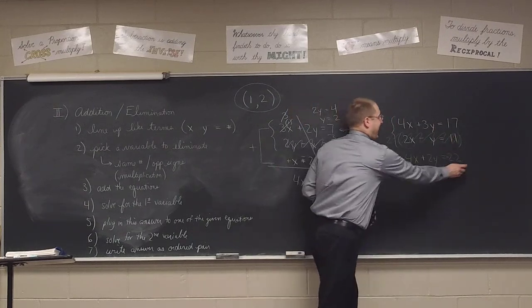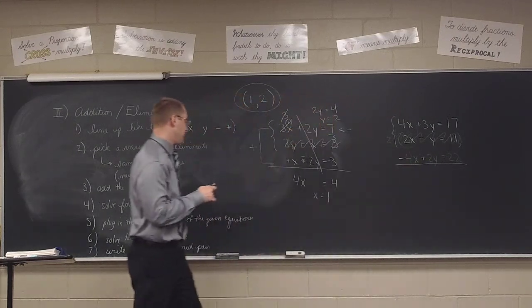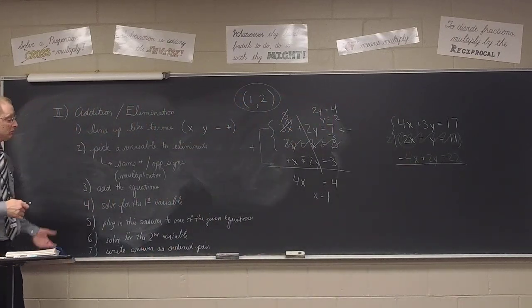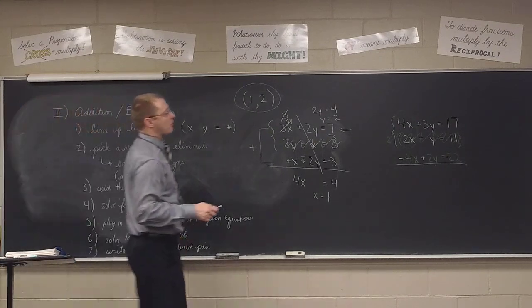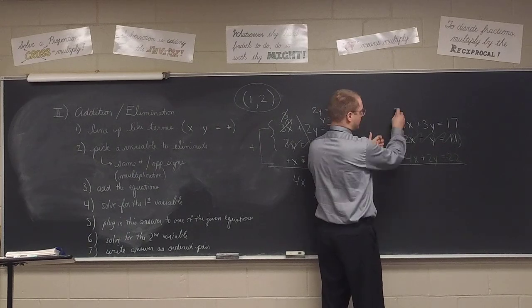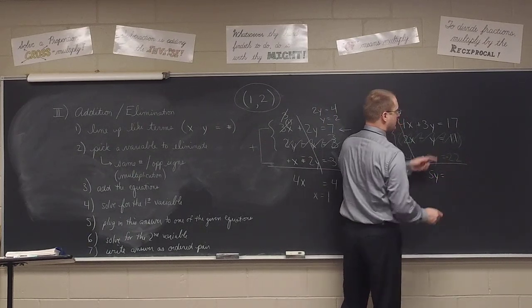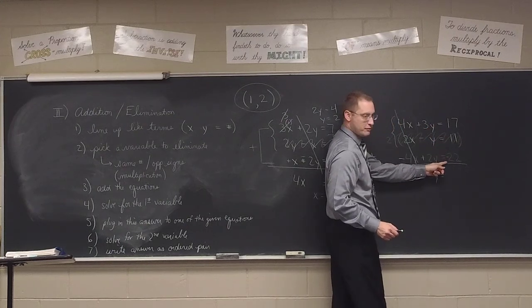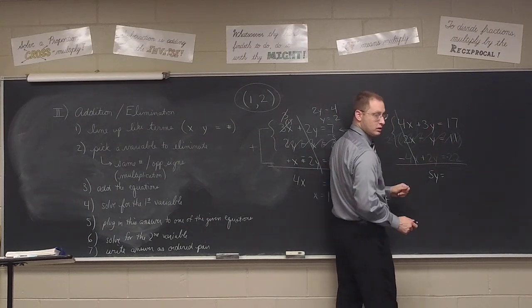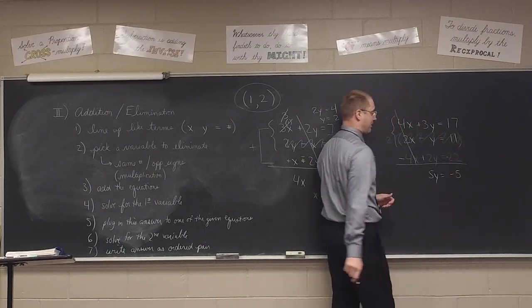All right, once I have same number, opposite signs, then, Maddie, we simply add the equations together. And when I add the equations together, Maddie, 4x negative 4x, 3y plus 2y. Be careful here, 17 negative 22 is negative 5. Subtract, keep the sign of the greater absolute value.